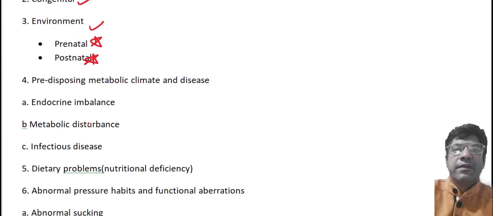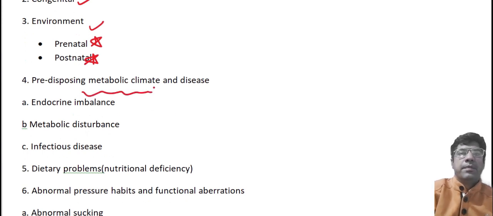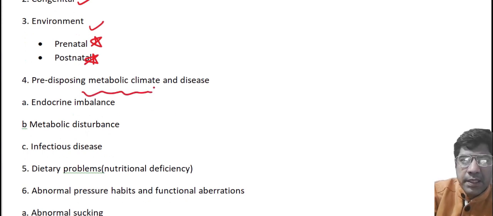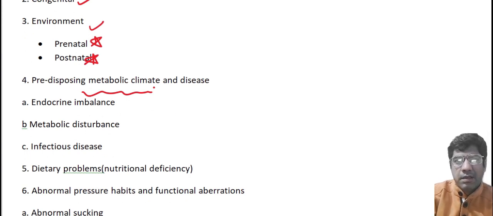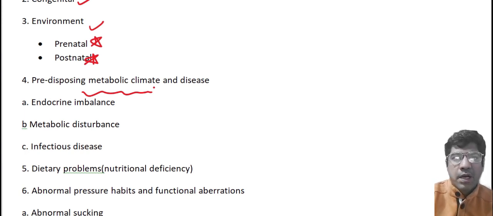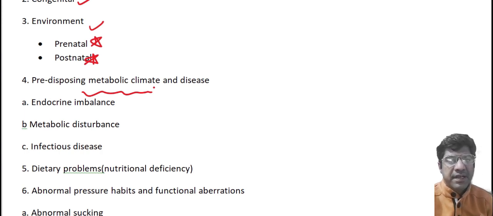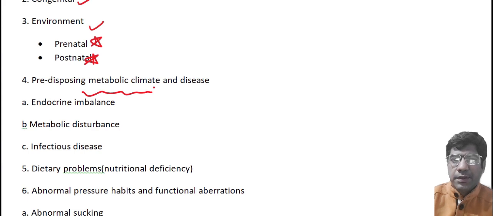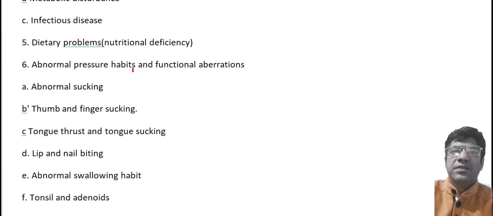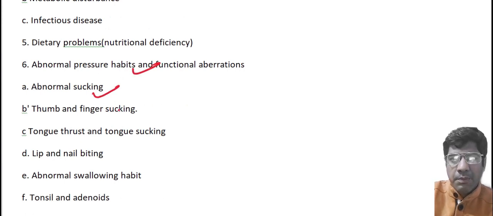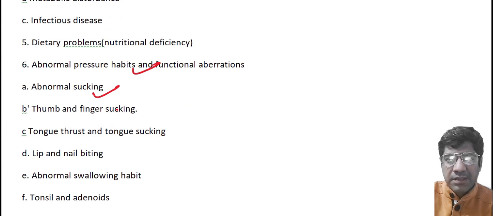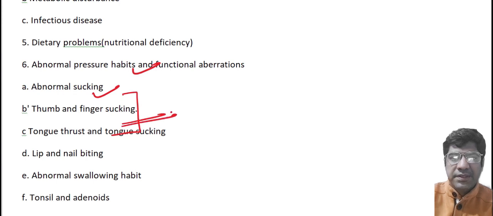There are factors that predisposing metabolic climate and disease, that could be the climate factors, endocrine imbalance affecting the growth and development, metabolic disturbances and infectious disease like the poliomyelitis, abnormal pressure habits and functional aberration, abnormal sucking like thumb sucking, finger sucking, tongue thrusting, all other habits that can be considered.